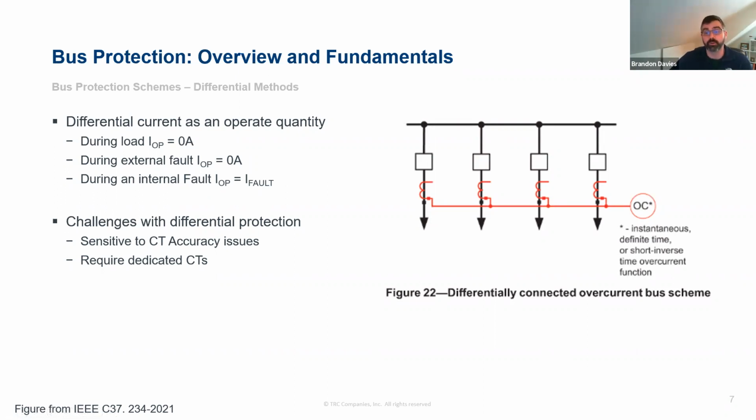So you've got a very big difference between what you see during non-fault and external fault, and an actual internal fault condition where you want the relay to operate, which makes differential protection a really popular choice for protection engineers whenever we can justify the expense of all these extra CTs and wiring and some of the complexities that come with that.